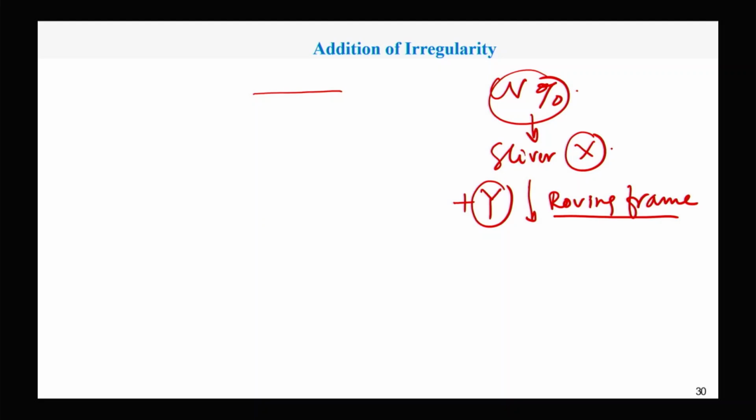This is the sliver CV. This is the addition CV.